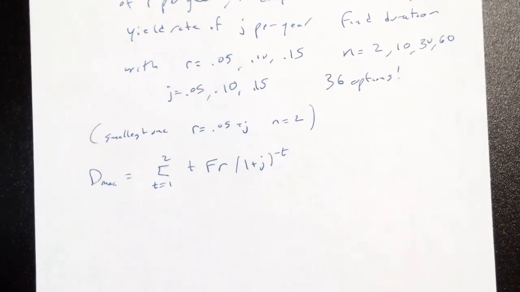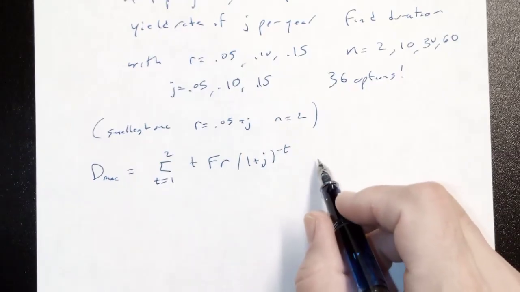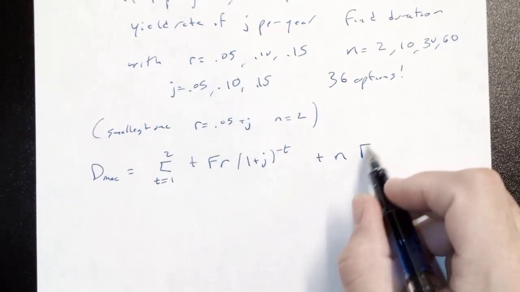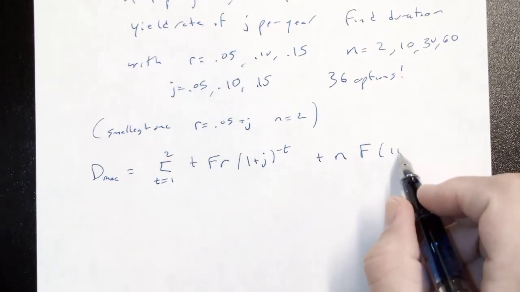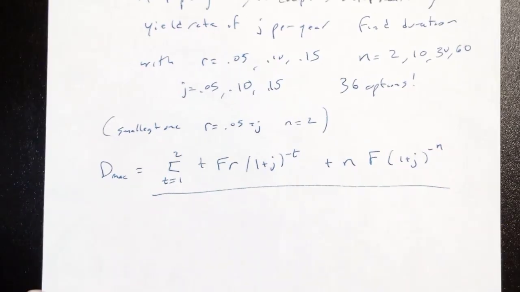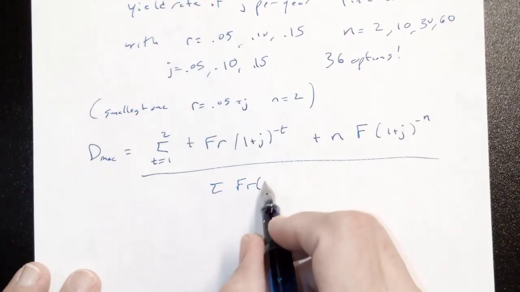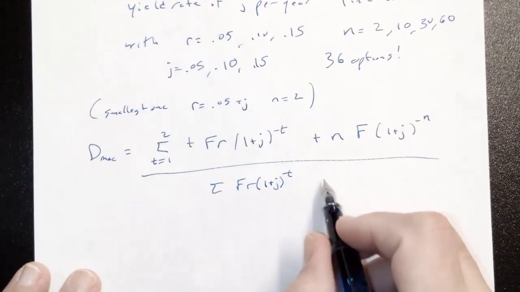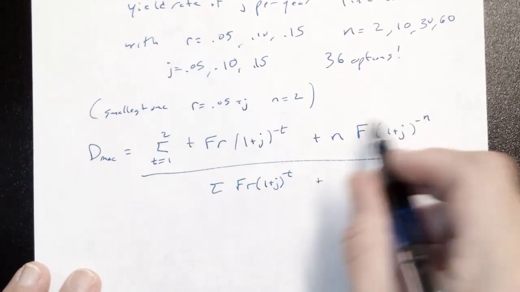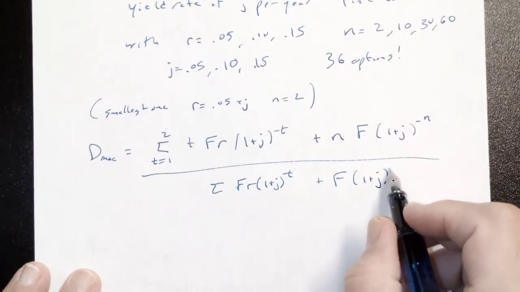There are only two of them. Oh, I need to put in the rest of the numbers. Hang on a second. And then the actual redemption is the face value, 1 plus j to the minus n, divided by all of my coupons brought forward, FR 1 plus j to the minus t, and the redemption value brought forward.